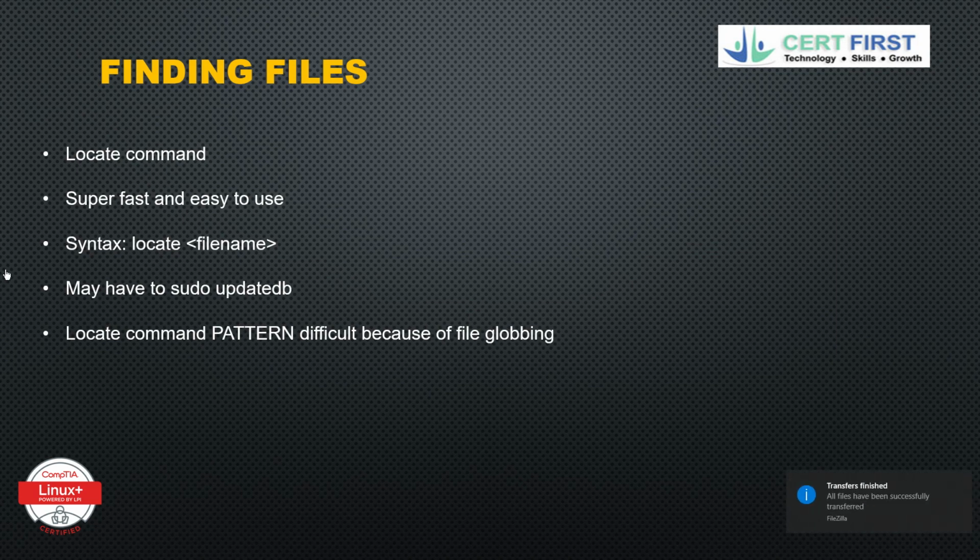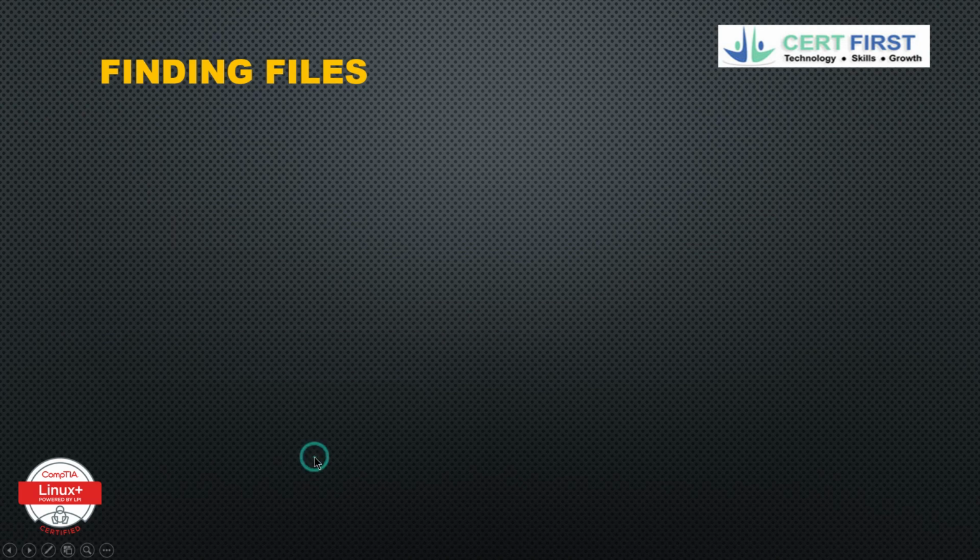File globbing occurs by default when you use wildcards. If you don't enter any wildcards, the locate command will add them by default. If the file is newly created, locate may not find it.